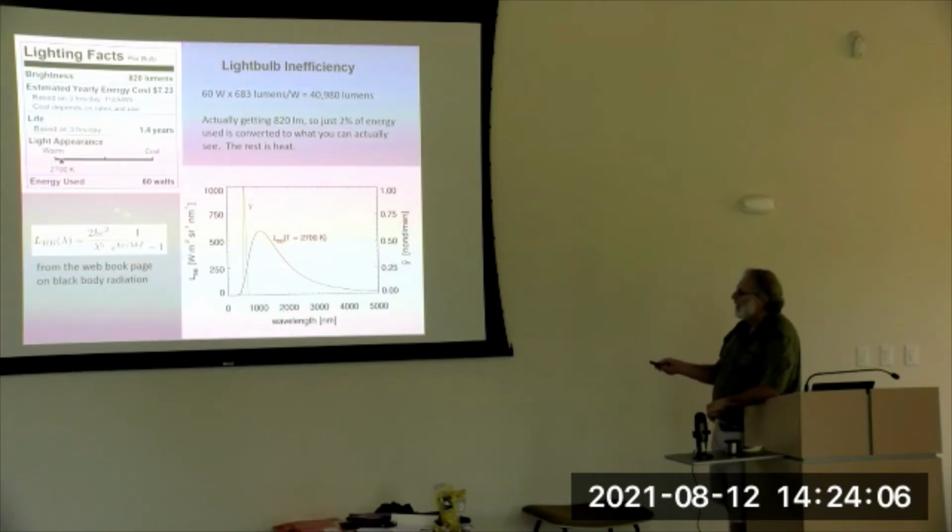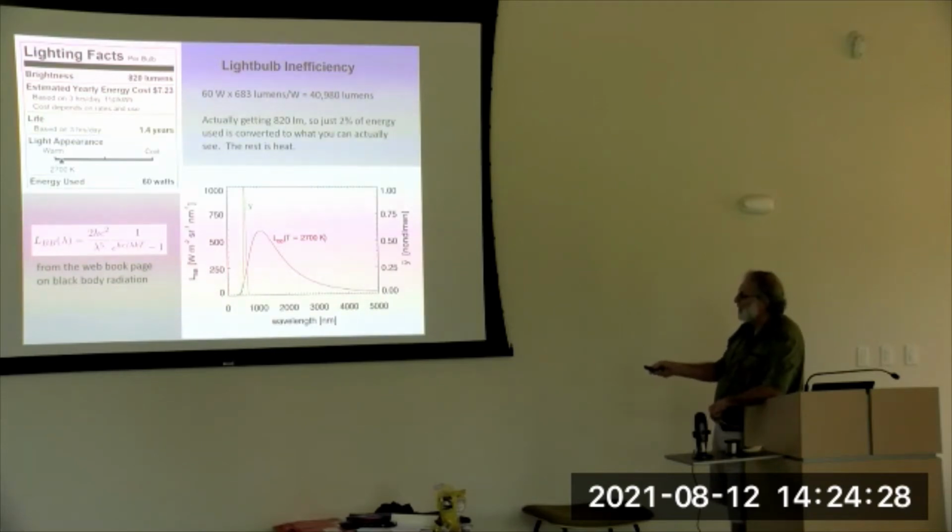Well, the bulb is at a temperature of 2,700 degrees Kelvin. Plug that into the black body radiation spectrum, and you get the red curve. So that's what the light bulb is putting out. But here in the green is your photopic luminosity function.